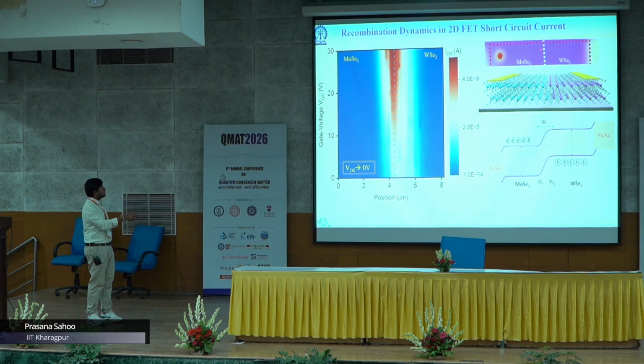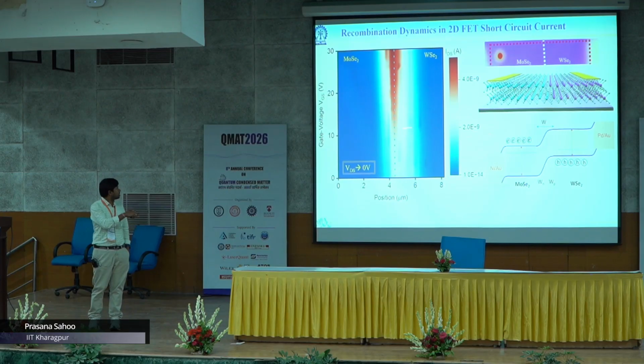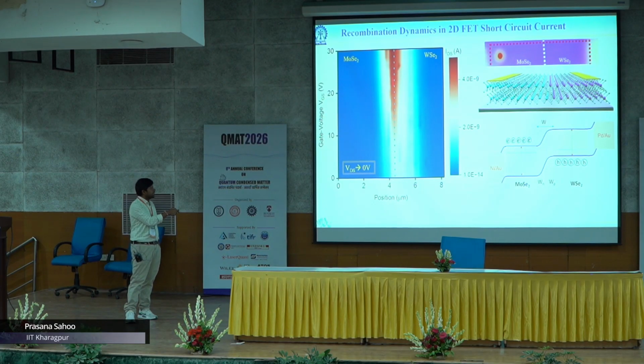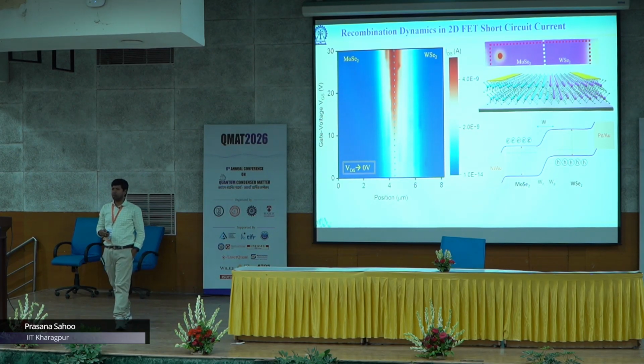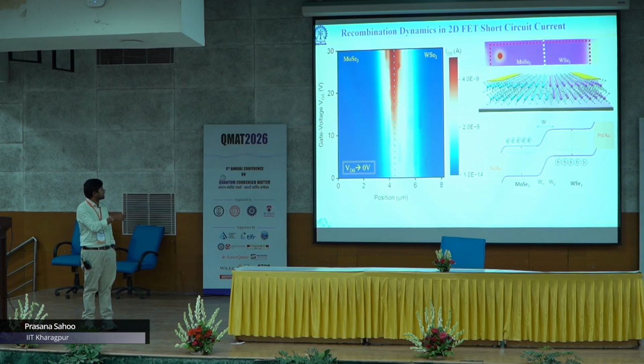Wherever there is a depletion region, you can get maximum current, not in other regions, because when you shine light on other parts of the system away from the interface, you are photoexciting, but the electron-hole lifetime is so short that they recombine immediately, so you don't get any current. But when you have an interface, you can expect maximum photocurrent exactly from the interface.